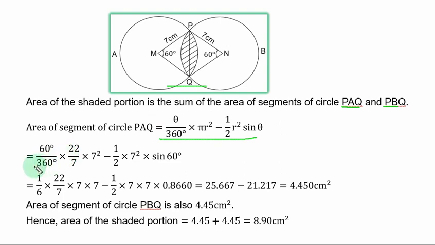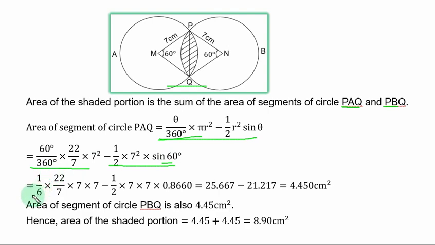Okay, so for the first part, taking this part now, you have 60 over 360 degrees times pi, 22 over 7, times r squared, that is 7 squared, minus, for the second part, you have half r squared, 7 squared, and sine theta, that is sine 60 degrees.